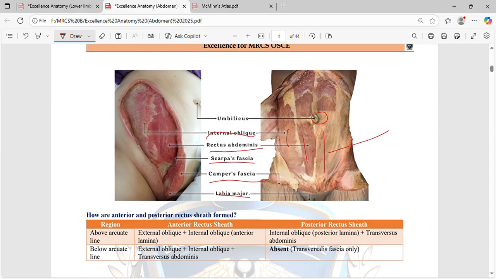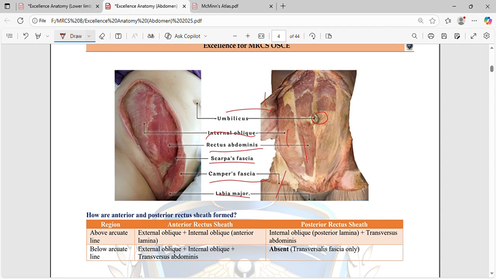You can easily identify the external oblique: it always forms the inguinal ligament. So you can recognize the external oblique by this trick as well. Here the external oblique is reflected.